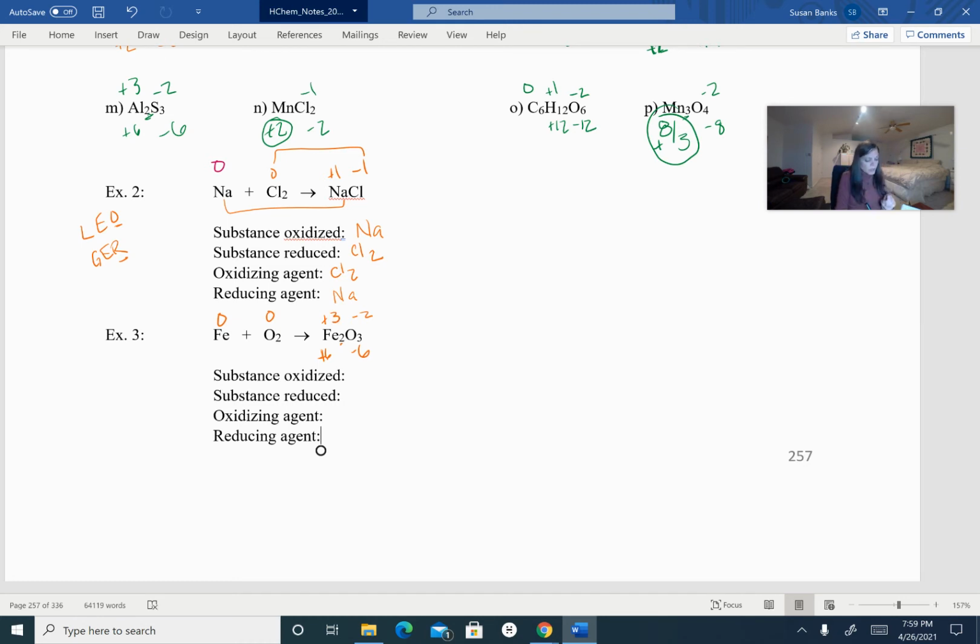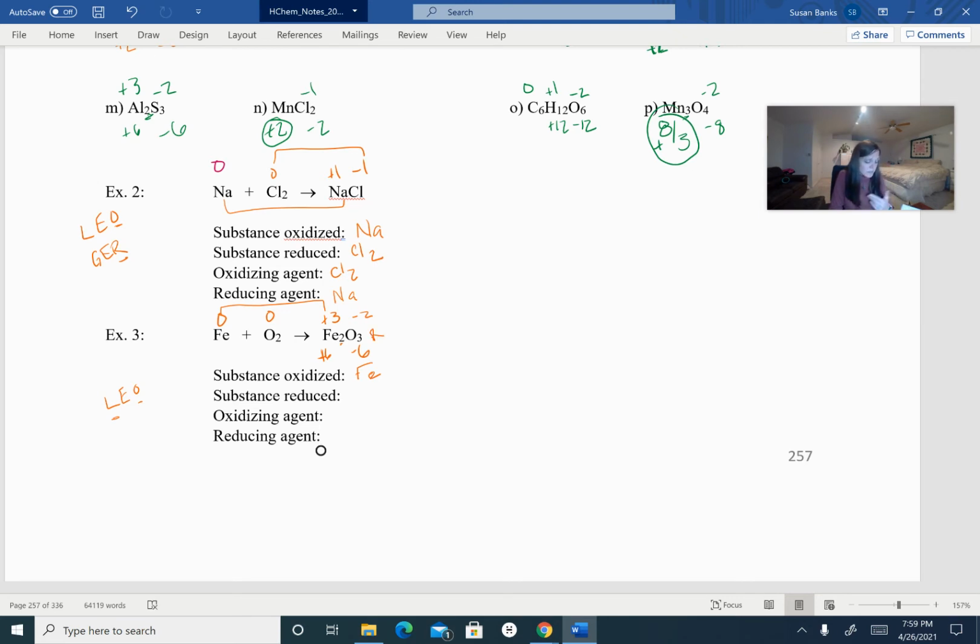Okay? So iron goes from a 0 to a 3. That means it has lost 3 electrons. Losing electrons is oxidized, so iron is what gets oxidized. Now, do you see why they call it oxidized? Because it partnered up with oxygen.